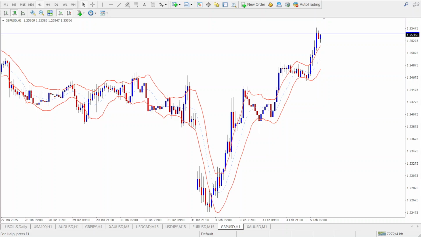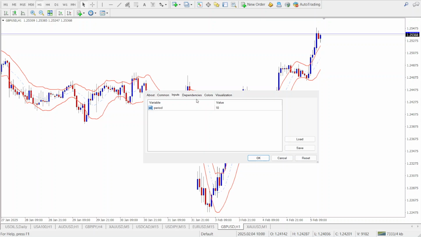So first things first, what exactly is the Keltner Channel Indicator? It's a technical indicator used to determine market volatility and potential entry and exit points. The Keltner channel consists of three lines, as you can see here. The middle line is typically an exponential moving average.